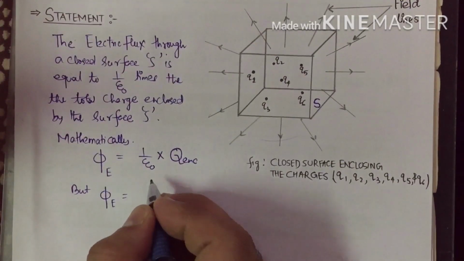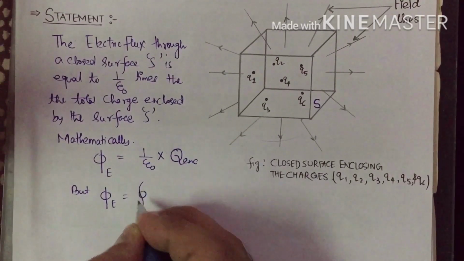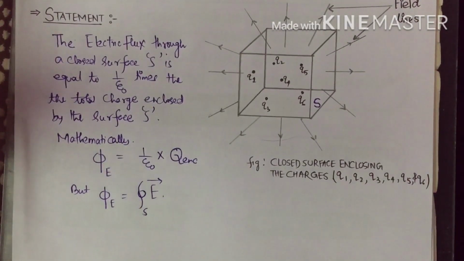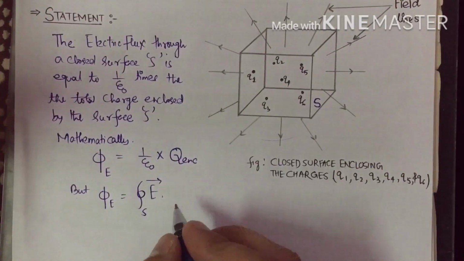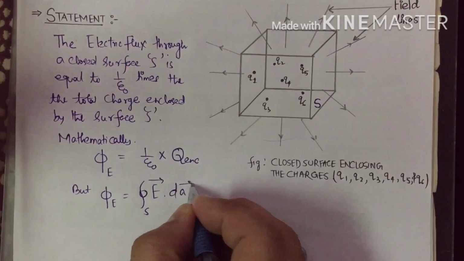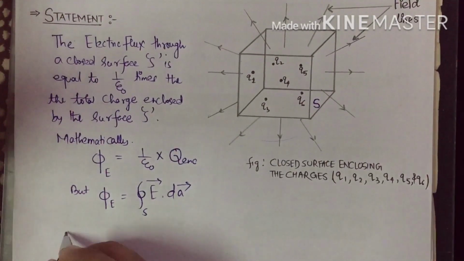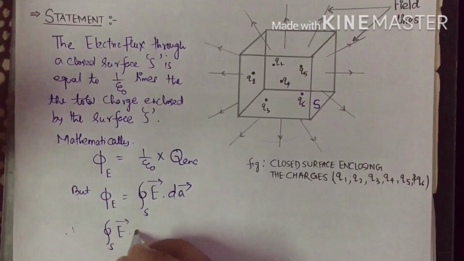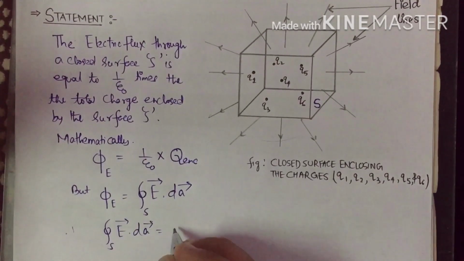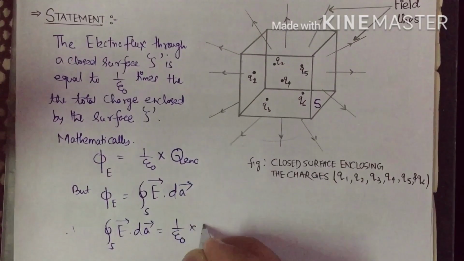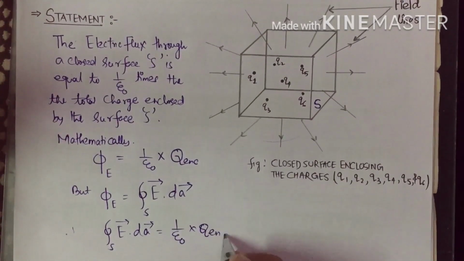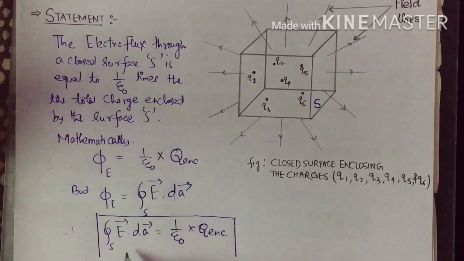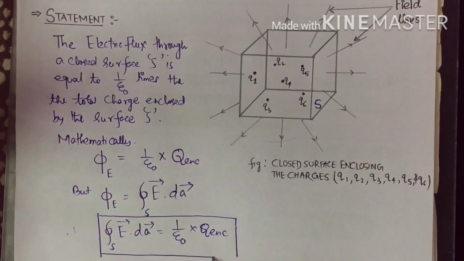Phi E for a closed surface is given as the closed surface integral of E dot dA vector. Therefore we have the closed surface integral of E dot dA vector is equal to 1 by epsilon naught times the total charge enclosed, and this is the mathematical form and the statement of the Gauss law.